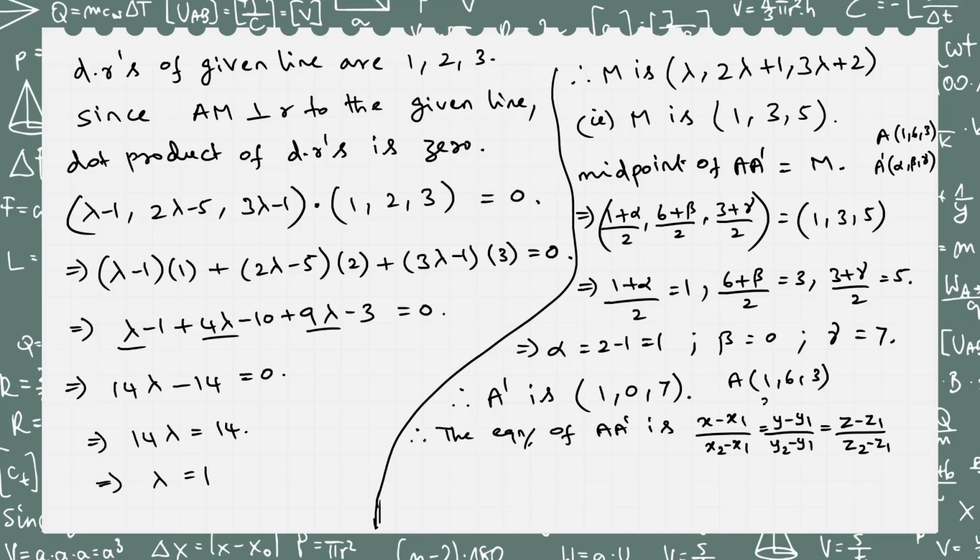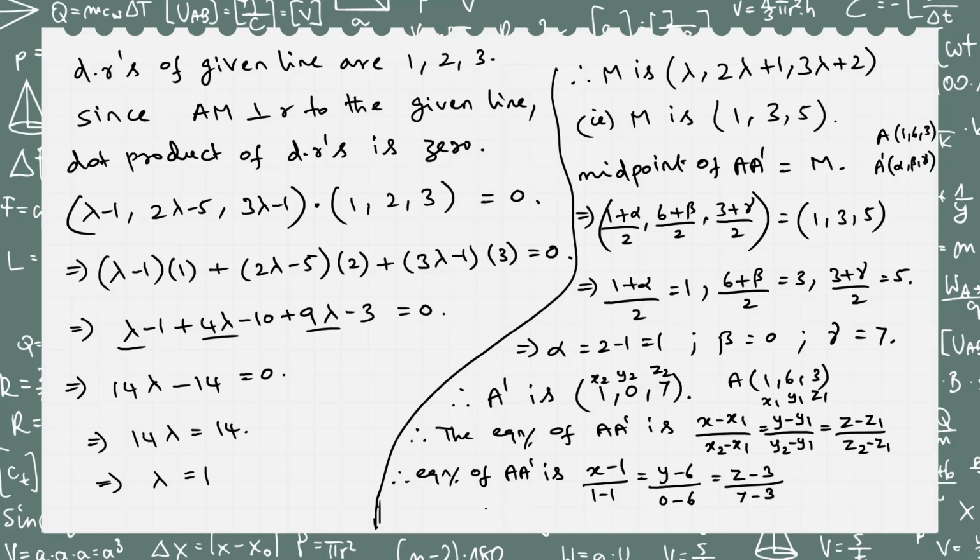So let this be our x1, y1, z1. Let this be our x2, y2, z2. So the equation of AA' is x minus 1 divided by 1 minus 1 equal to y minus 6 divided by 0 minus 6 equal to z minus 3 divided by 7 minus 3.